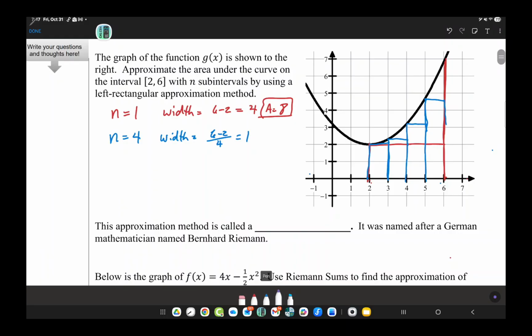Now, let's say I wanted 8 intervals. The width would be 6 minus 2 over 8. So my width of each rectangle would be 1/2. So here we have each rectangle.